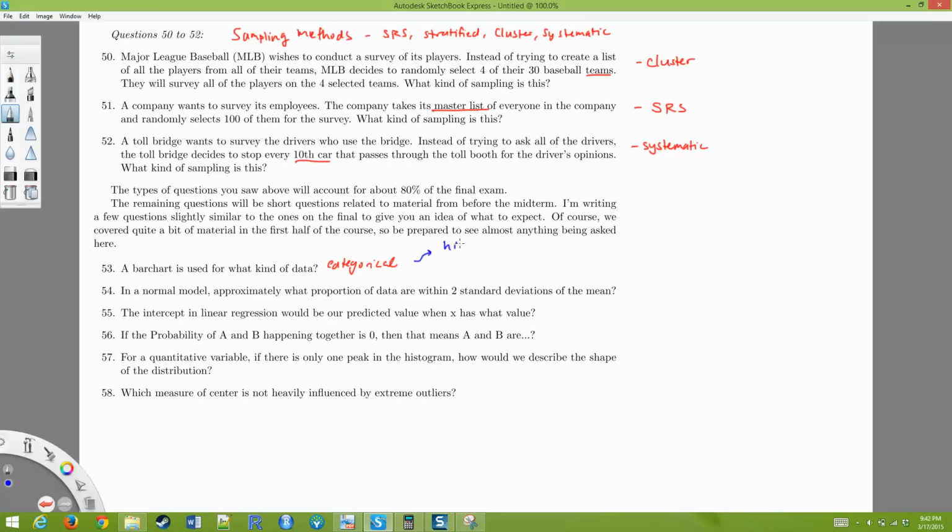So look up histograms, dot plots, frequency tables, etc. See what kind of data we use for each of those things.